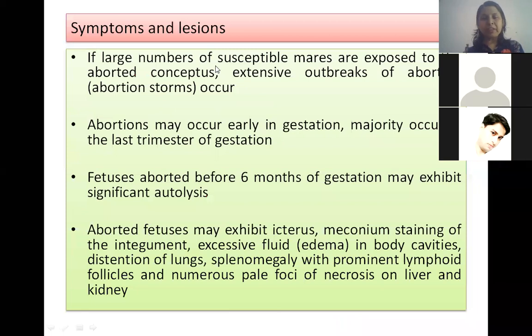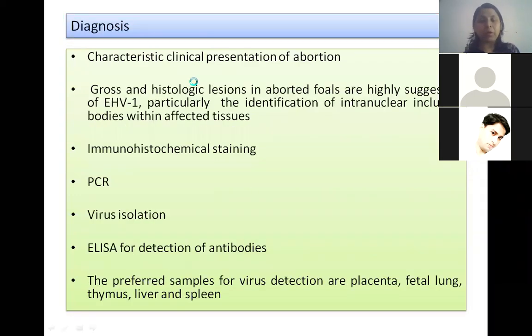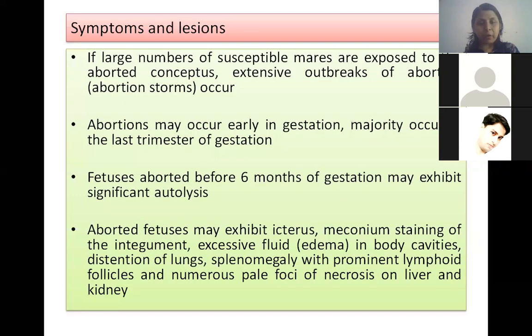But if many susceptible mares, whose immunity is not strong, are exposed to the aborted conceptus, which means the embryo and its associated membranes, that is, if the fetus is aborted with its membranes, and the equines come into contact with that aborted fetus, it causes contamination of the herd and an extensive outbreak of abortion occurs in the herd, which is known as abortion storms. It means a large number of abortions occur at a time.